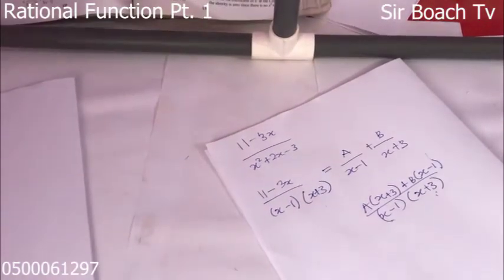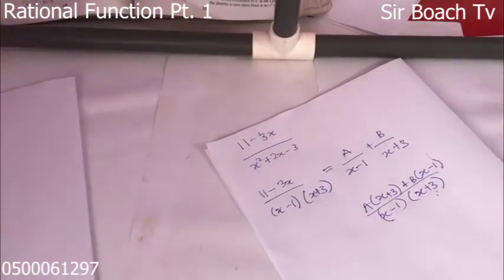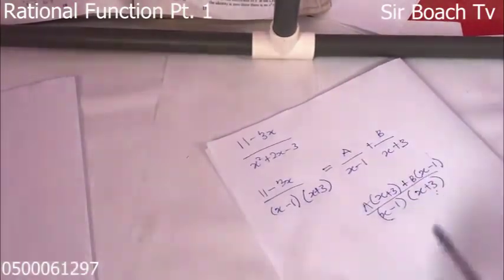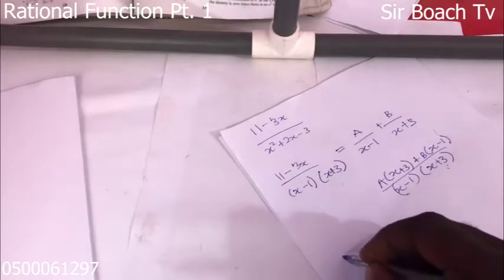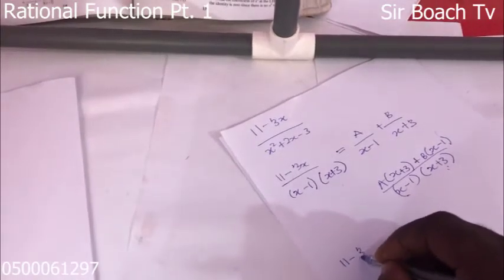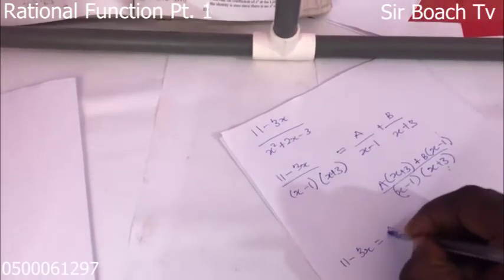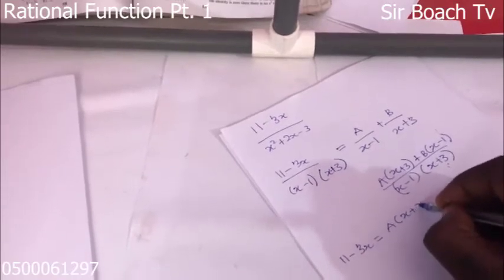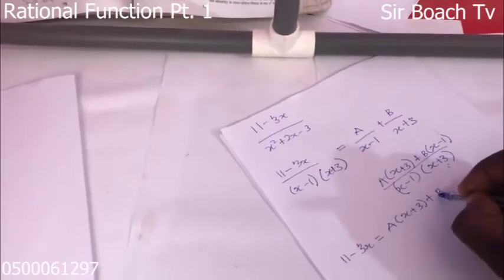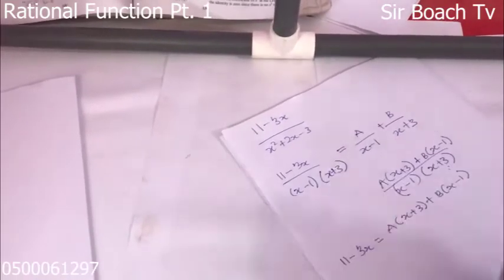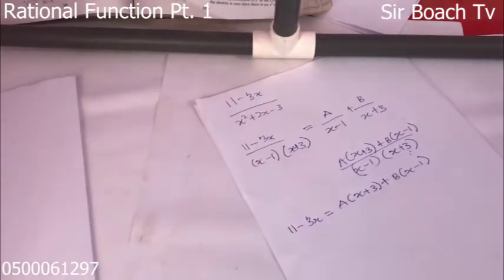Now from there, what do we have to do? We have to equate the numerator here with the new numerator we have over here. So we are going to get 11 minus 3x being equal to a bracket x plus 3 bracket close plus b bracket x minus 1 bracket close. Okay, so now this is what we are having.